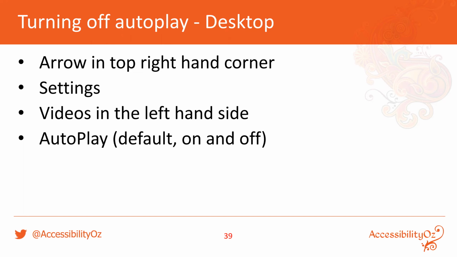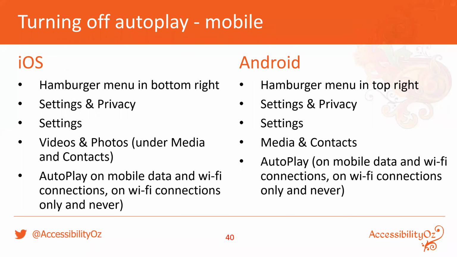So if you want to turn off autoplay on desktop, there is an arrow in the top right-hand corner. You select settings. Then you select the videos link on the left-hand side, and then you can select autoplay default on and off. And I've put this in a blog post as well on our website, so you can have a look at this and use these to turn these off.